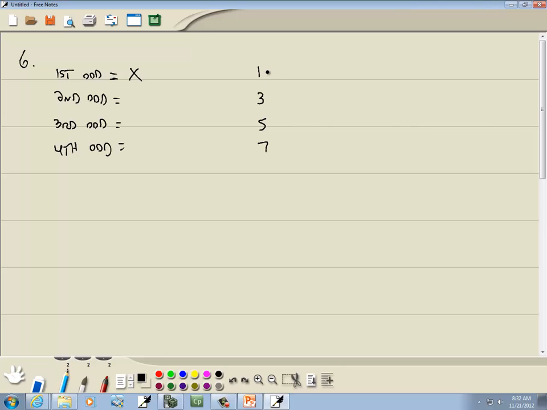The consecutive odd integers. Think, what did you do to go from 1 to 3? Well, we added 2. So to go from here to here, we're going to add 2. Well, to go from the 1 to the 5, think what you did. You added 4. So to go from here to here, you're going to add 4.